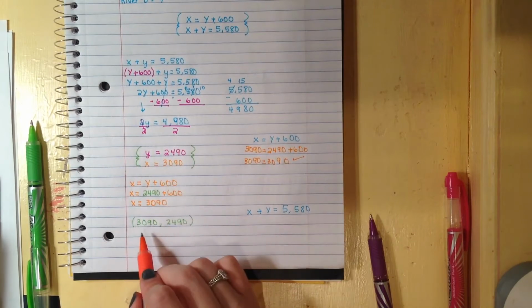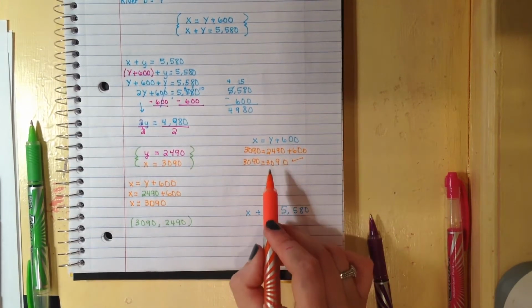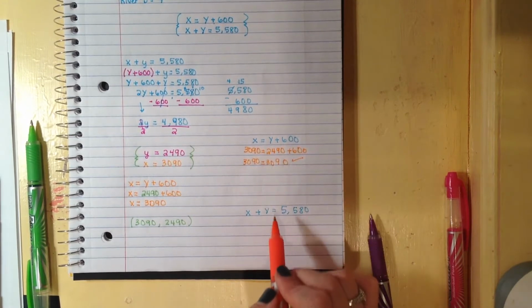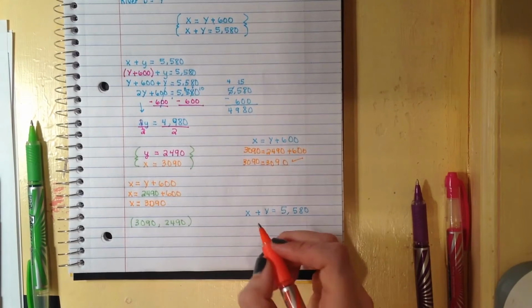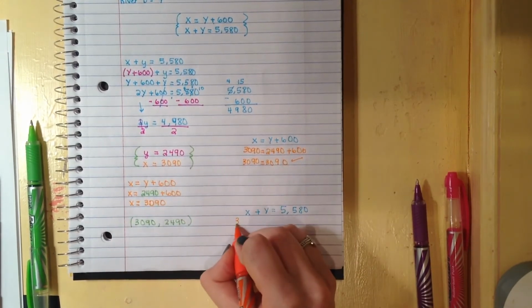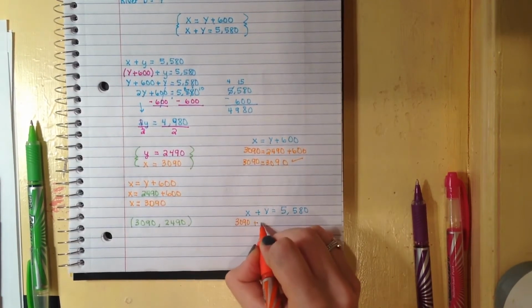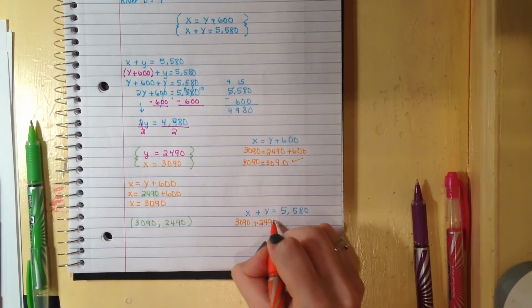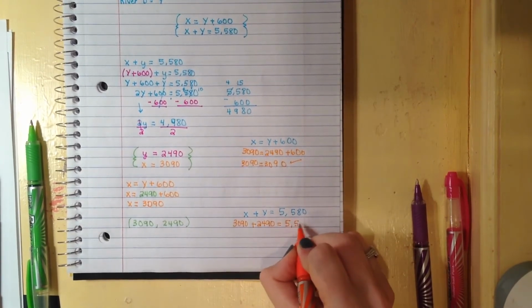Therefore, this ordered pair x, y is a solution to the first equation. But we know it has to be a solution to both equations in order for it to be a solution to the system. So I'm once again plugging in 3,090 for x and 2,490 for y. And I will bring down what I have on the right side.